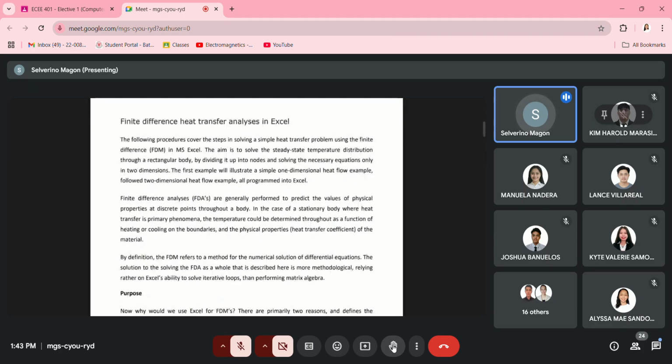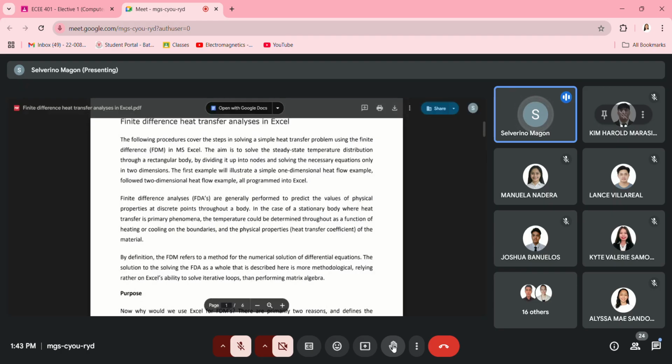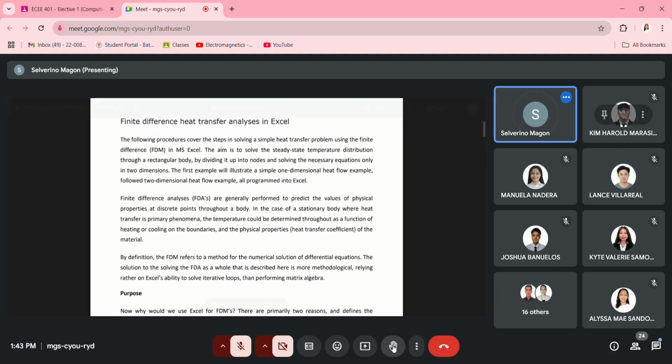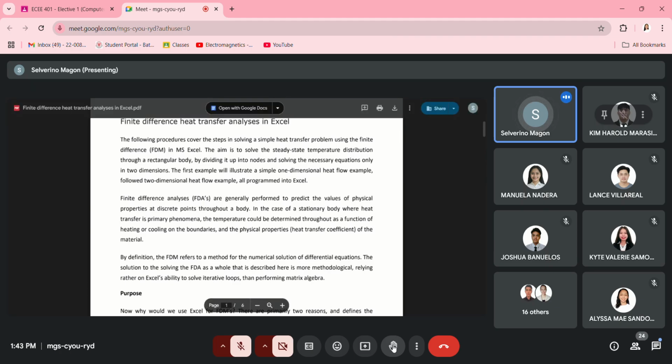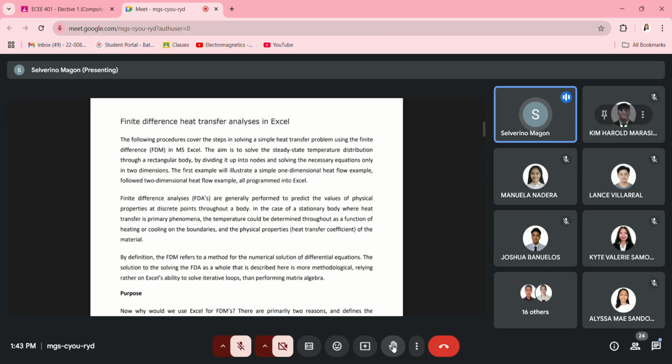In this approach, we will be dealing with boundary equations as functions of cooling or heating, and we have to take into account some physical properties like heat transfer coefficients.